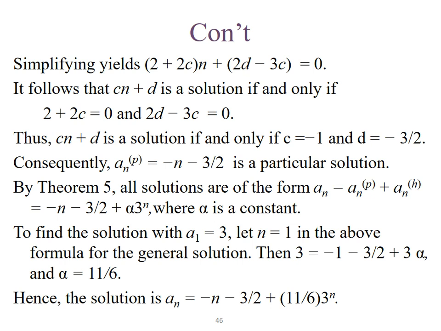If a_1 = 3, then when n is 1 we can discover alpha = 11/6. So our final closed-form solution is a_n = -n - 3/2 + (11/6) times 3^n. That's our solution.